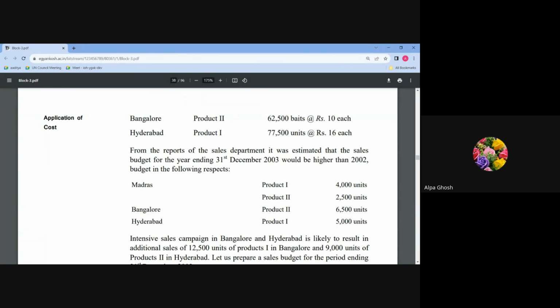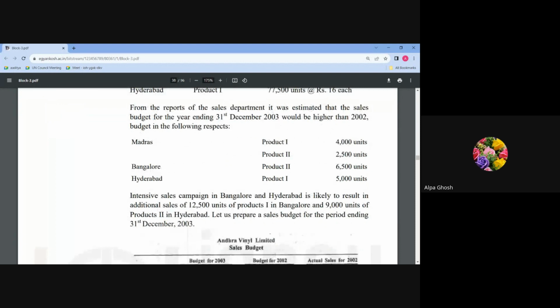Now the report of the sales department, it was estimated that for the product 1 and product 2 of Madras, there will be an increase of 4,000 and 2,500 units. For the second one, it will be 6,500 and 5,000 respectively. Intensive sales campaign in Bangalore and Hyderabad is likely to result in additional sales. So this is their estimation.